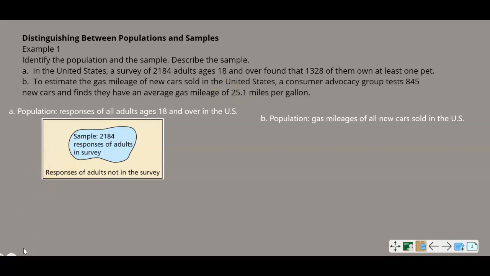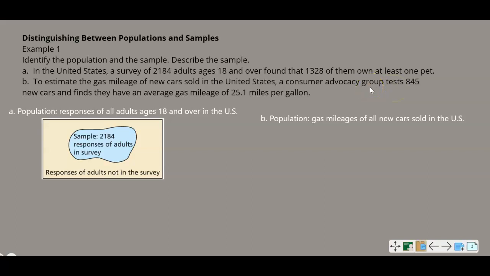All right, so we'll answer B part over here on the right. So if we know what the entire population is, now we have to describe the sample. All right, so the sample consists of gas mileage for the vehicles. Let's see, it estimates gas mileage of the 845 new cars tested by the group.